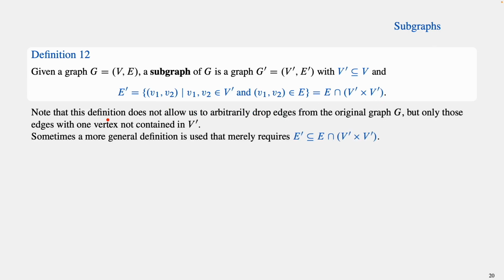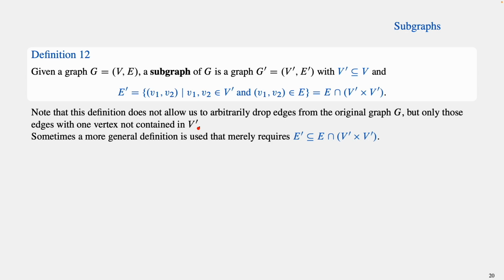Now, this definition does not allow us to arbitrarily drop edges from the original graph G, but only those edges where one vertex is not contained in the new vertex subset V'.